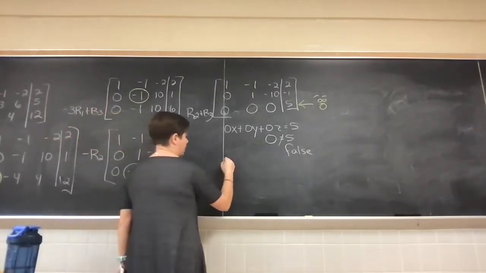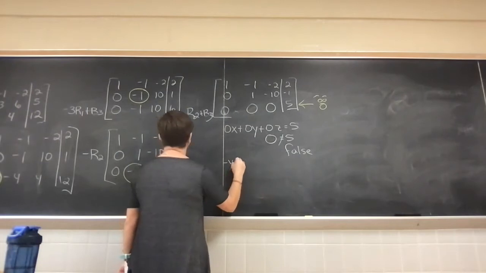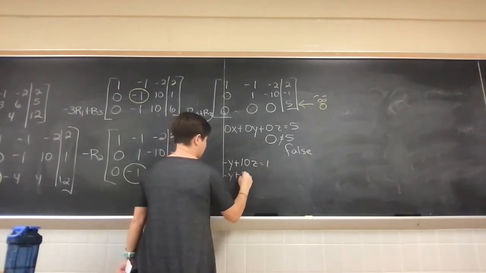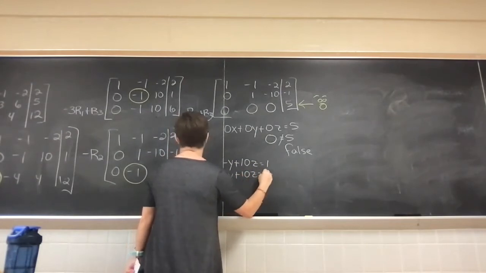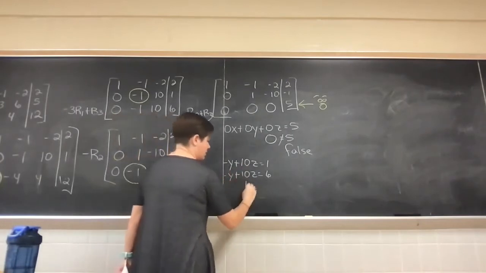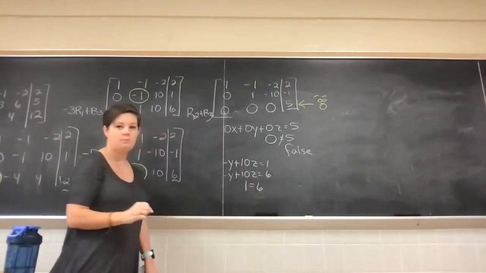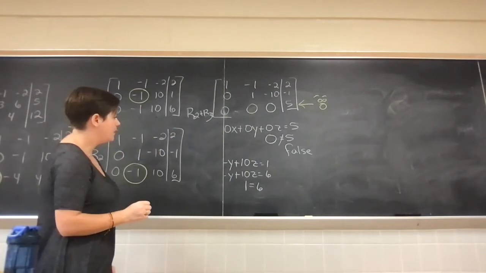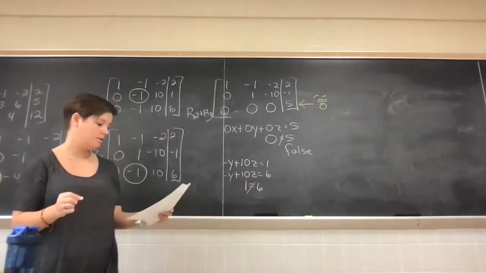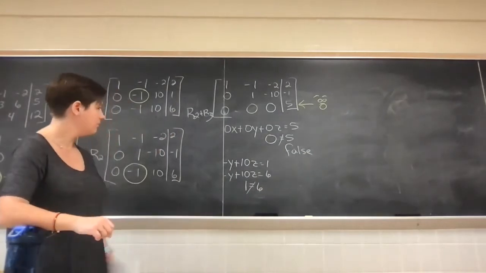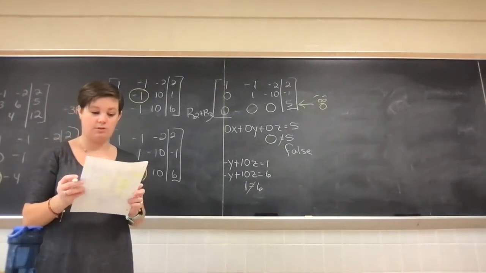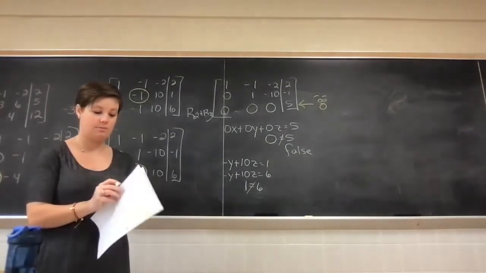That tells me that I had -y plus 10z equals 1 and -y plus 10z equals 6. Well, since these are the same thing, that's like saying 1 equals 6. But that's not true. And because that's not true, this tells us it's an inconsistent system. So there's no solutions to that system of equations.